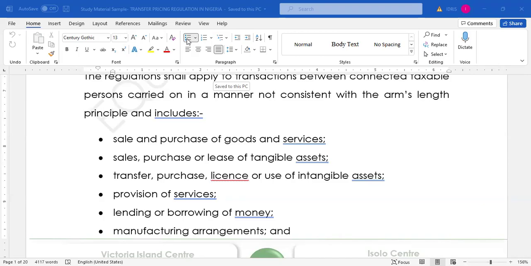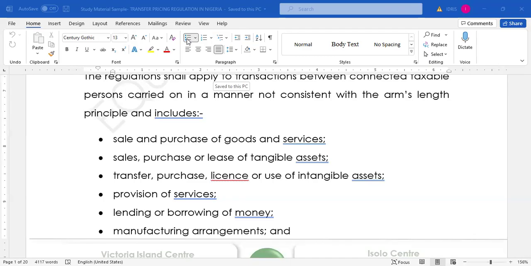Under the scope of transfer pricing regulation, we have the leasing of tangible assets. One company can lease assets to another company. A and B are related companies under the same group of companies. A may decide not to own any assets. They will be leasing assets from B, and every year they will be paying a fee for that lease.